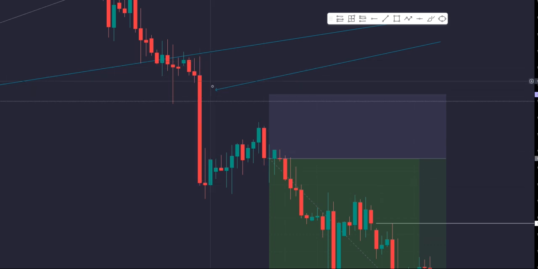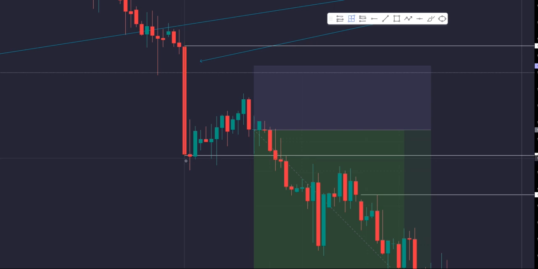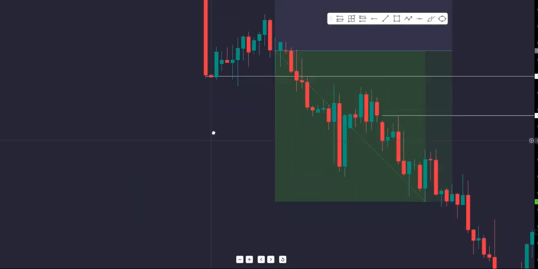As long as the price was fluctuating around this candle, around this high and low, after 3 days price struggled to continue, which is logical in trading.